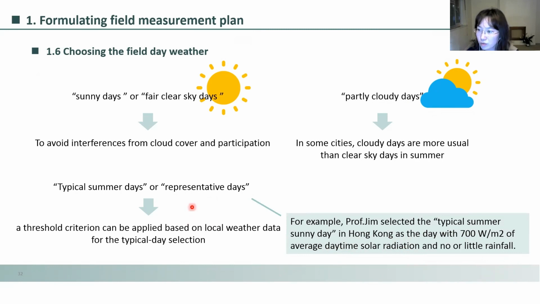And I have to say, for this kind of weather condition, a threshold criterion needs to be applied based on the local weather data. In my opinion, since the questionnaire survey and the microclimate measurement may be conducted at different urban sites and repeated several times, a common weather type should be chosen to minimize the variations among observation days.